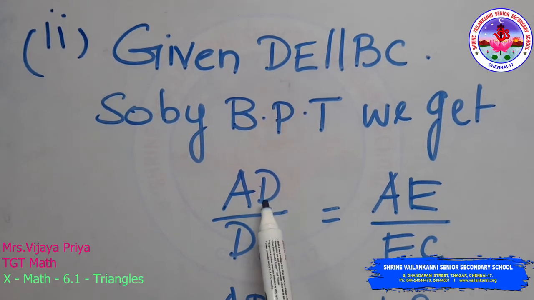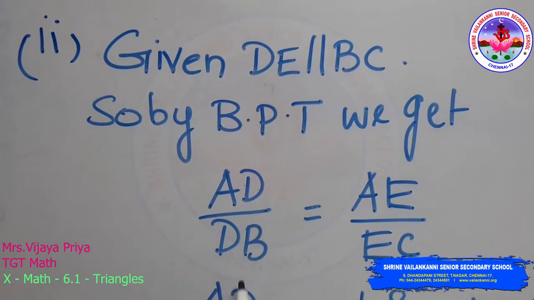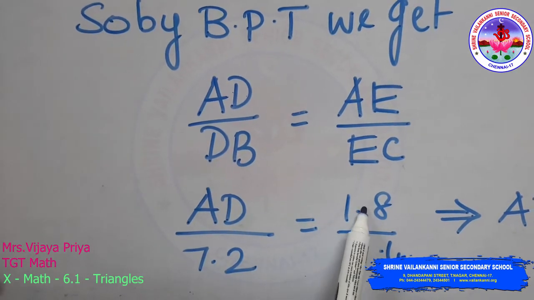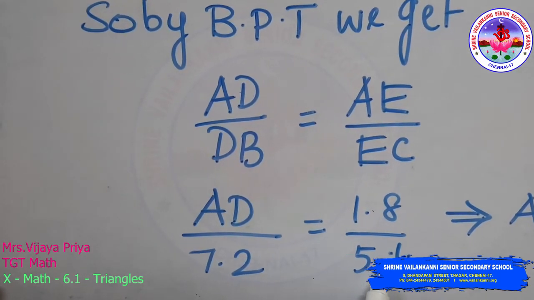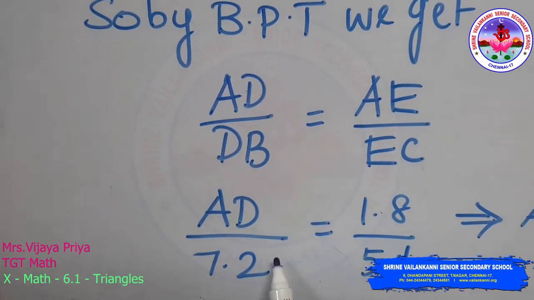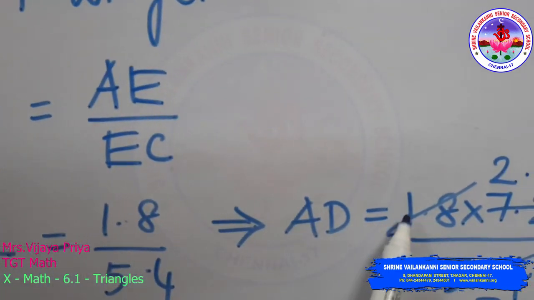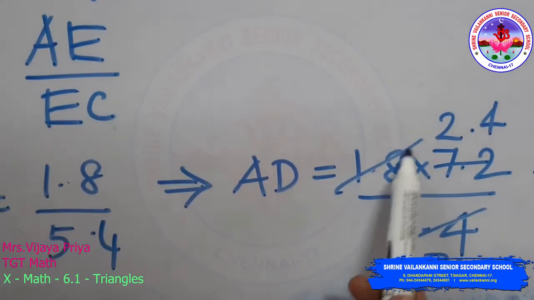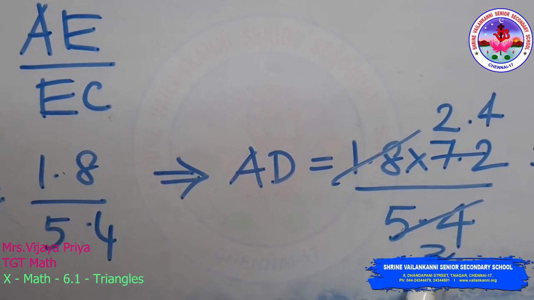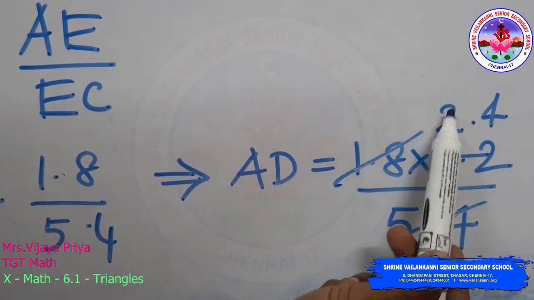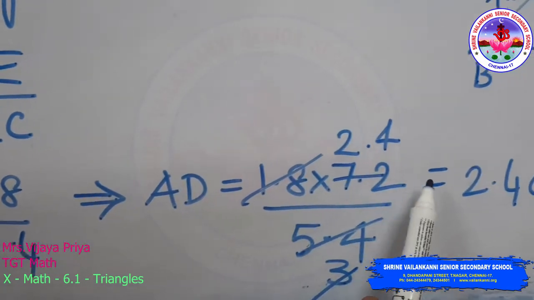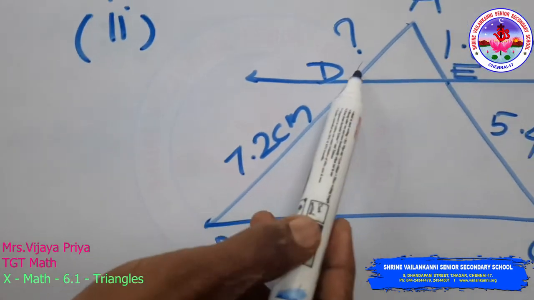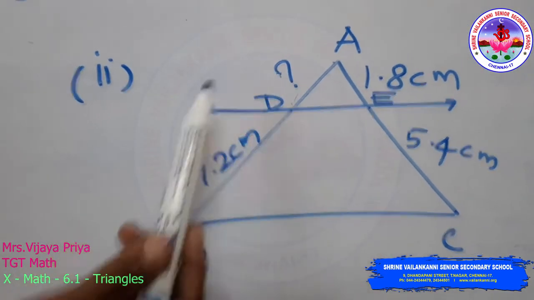Now I substitute all the values, where AD we need to find, DB is given as 7.2, AE is 1.8 and EC is 5.4. Now cross multiplying, I will get AD is equal to 1.8 into 7.2 by 5.4. 1.8 will go 3 times in 5.4 and 3 will divide 7.2 2.4 times. So AD is equal to 2.4 centimeters.